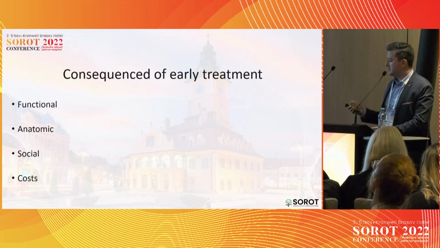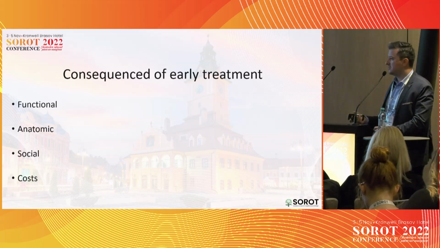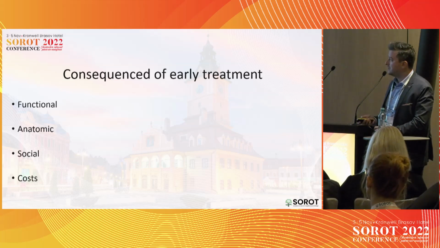The literature says that return to sports after an early ACL reconstruction is about 90%. When you do conservative treatment, on the other hand, few of them return to sports, but most of them don't return to sports at all. And the cost, again, is cheaper than waiting for something bad to happen.